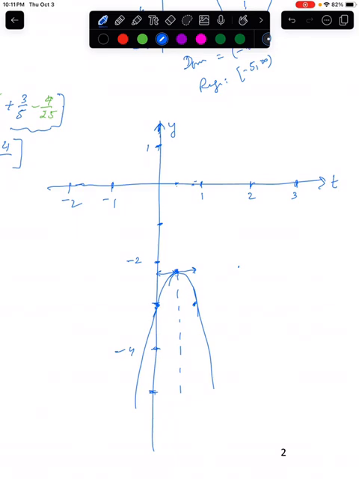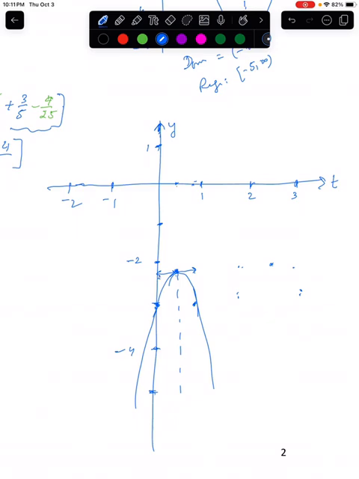Our normal graph would be that from the vertex, 1 unit to the left, you will be 1 unit down here. 1 unit to the right, you will be 1 unit down there. But here, you see, we are not going 1 unit. We are going less than 1 unit, a little less than 1 unit down.